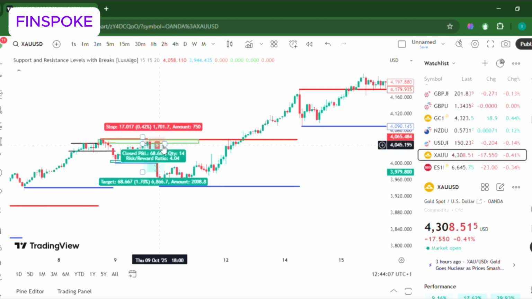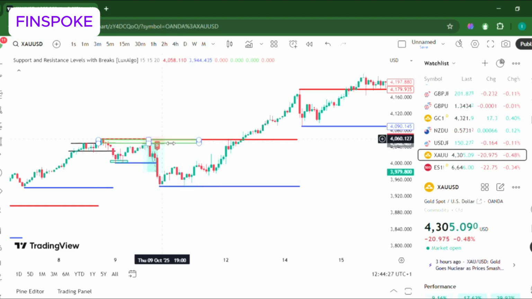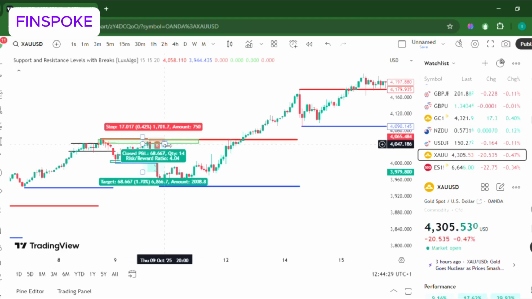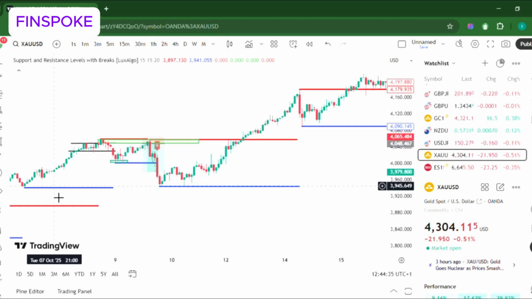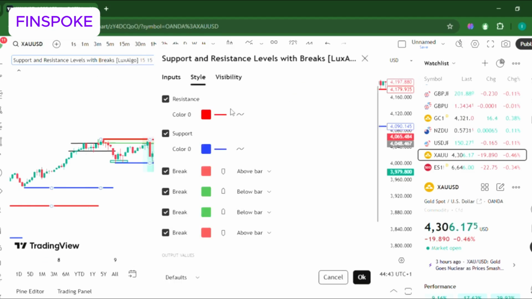You can see this B. It comes with a breakout. However, I do not use that breakout because most times it's misleading. So what I normally do is head over to the settings and uncheck the breakout, and uncheck break above, break below, and the below bar.